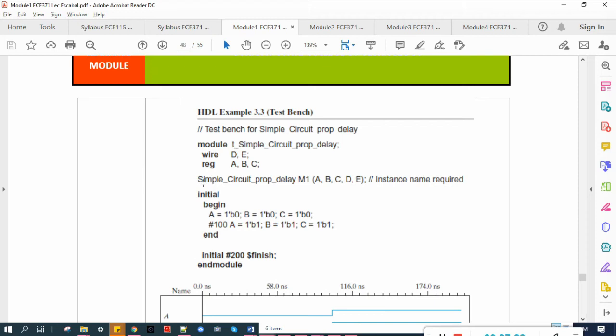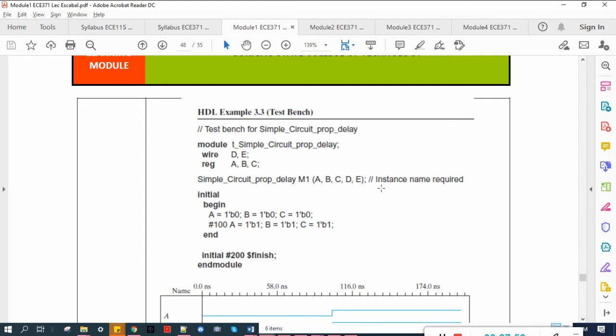So we declared our circuit, simple circuit prop delay, and we named it M1, and then instantiated the ports A, B, C, D, and E. And we added a comment. Don't forget the semicolon.